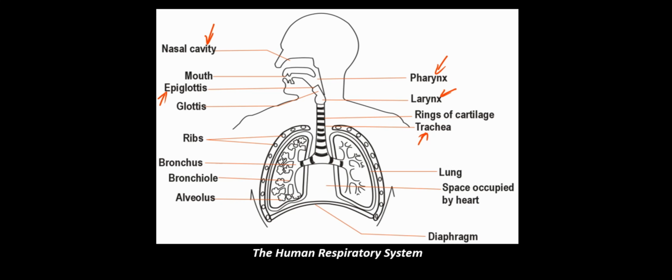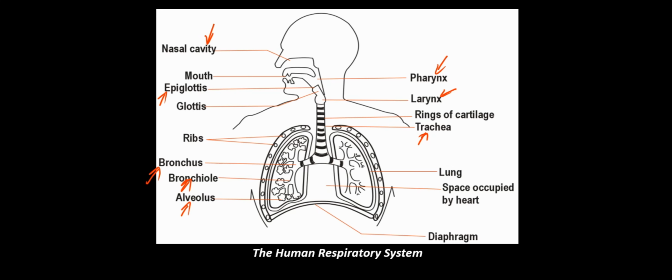So we see the bronchus there, and these bronchi lead to the lung, where they later branch into small tubes called the bronchioles. So that is the bronchiole there, and these bronchioles lead to numerous air sacs called the alveoli, and these alveoli are richly supplied with blood capillaries, and they are sites or surfaces where gaseous exchange takes place.